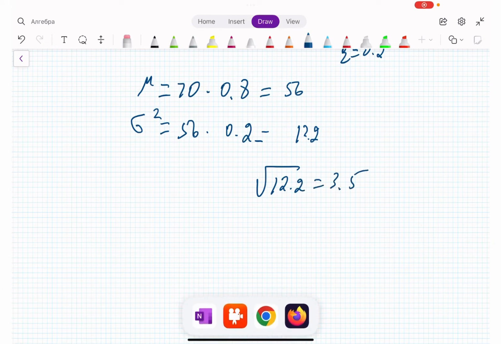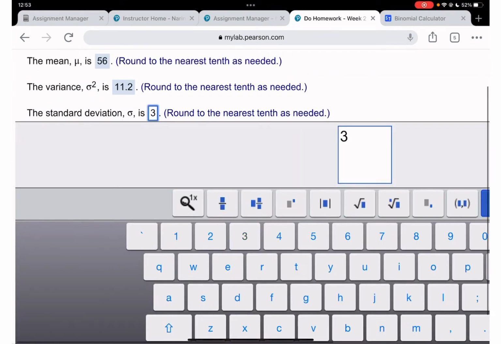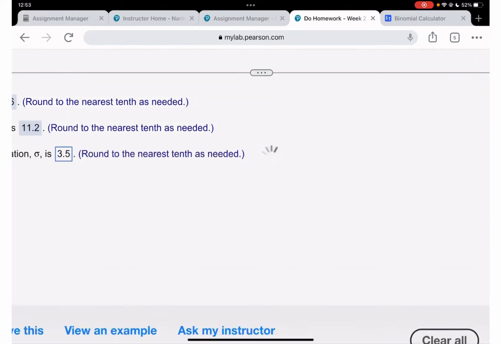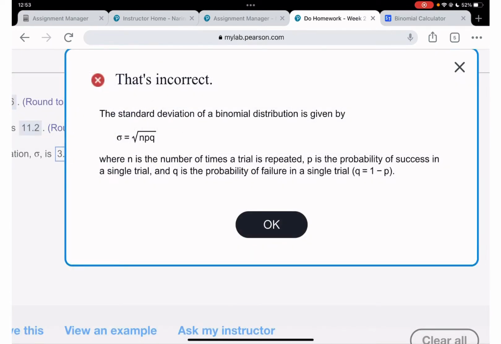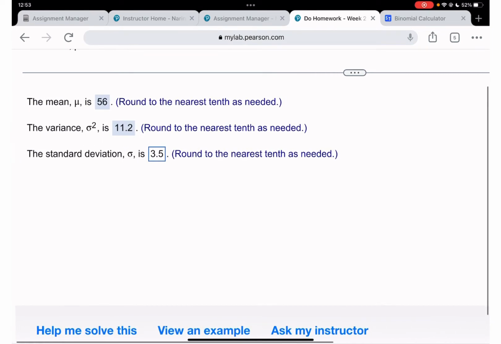Okay, let's put in there nearest tenth, 3.5. I don't understand. 3.49. So 11.2. I'm sorry, it's 11.2 and I put 12.2, so 11.2.